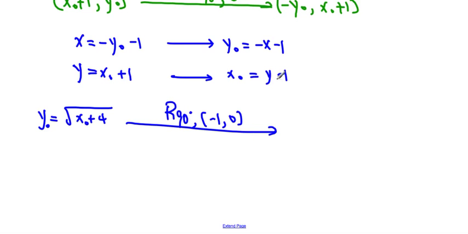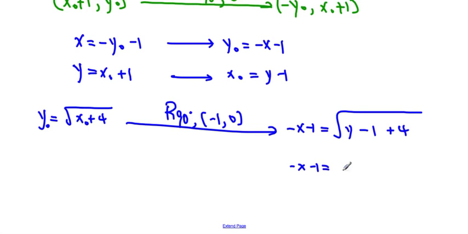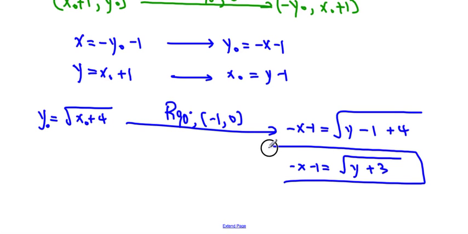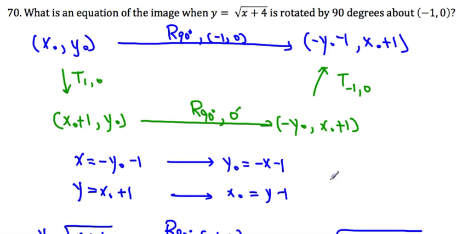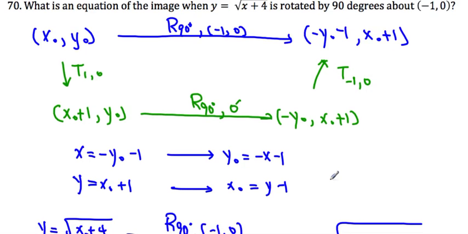Then our answer becomes negative x minus 1, which is equal to square root of x naught, which is y minus 1, plus 4. I can simplify this a little bit, or I can just leave it as it is. That's perfectly fine. Then I'd end up getting negative x minus 1 equals square root of y plus 3. And that becomes our answer. Since I didn't ask you to solve for y, this will be an acceptable answer.